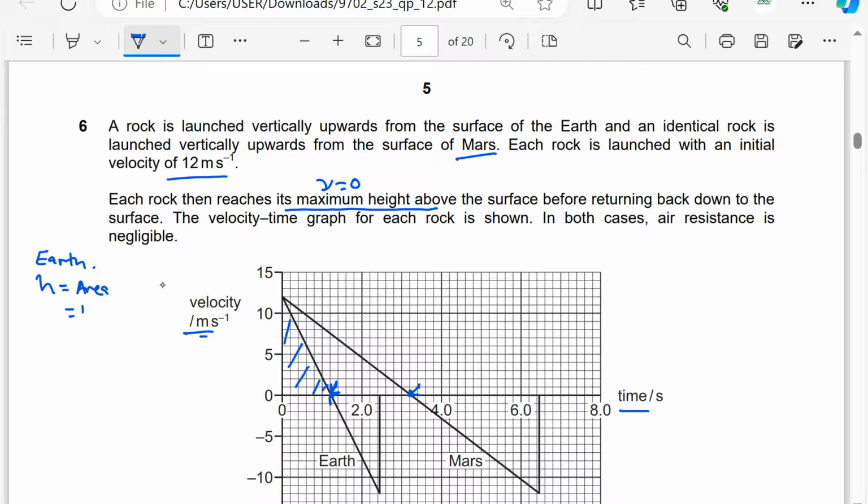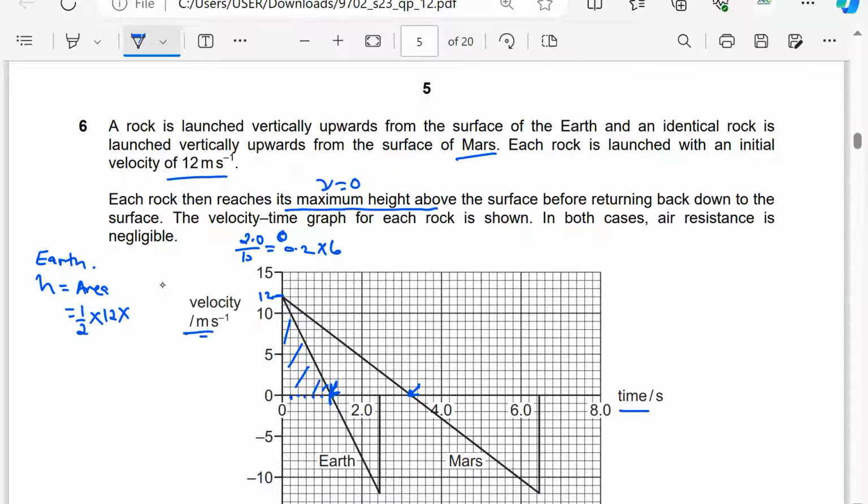So this is going to be a half times the initial velocity, which is 12, so times 12, base times height. So this height is 1, 2, 3, 4, 5, 6. The scale is 2 divided by 10, which is 0.2. Then I multiply this by 6, that is 1.2.